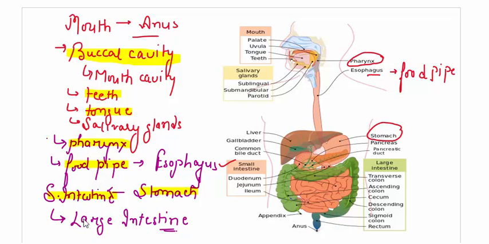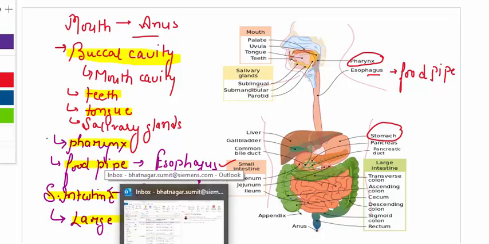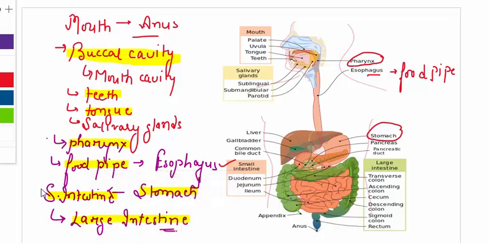The stomach leads to the small intestine, and the small intestine leads to the large intestine. I also want to let you know the parts of the small intestine, the regions which are differentiated. The small intestine is categorized into three regions: first the duodenum, second the jejunum, third the ileum.